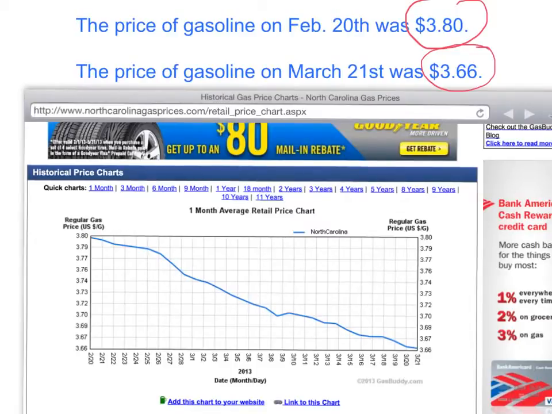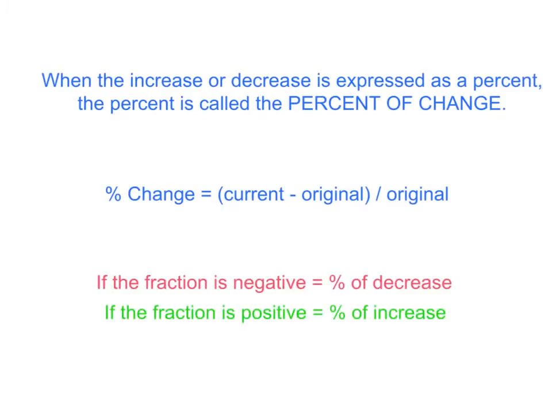Obviously, from looking at the current price in comparison to the older price, there was a decline, or a percent of change between the two prices. When the percent of increase or decrease is expressed as a percent, the percent is called the percent of change.